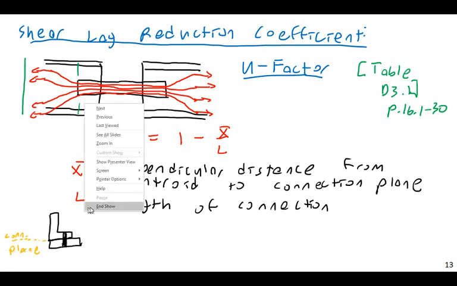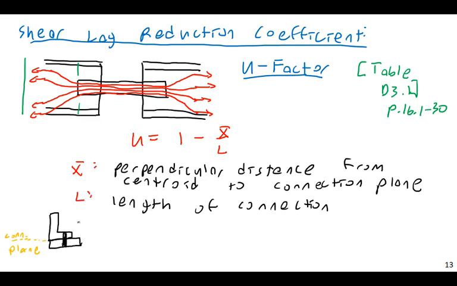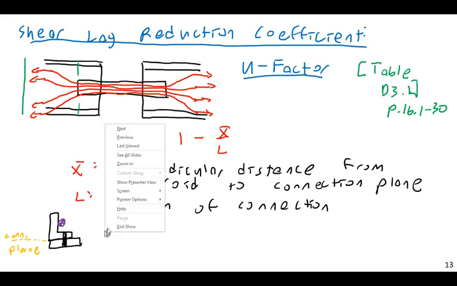Then at some other location, the member that I'm investigating, for this analysis, let's say I'm checking the angle for fracture, and the centroid of the angle might be somewhere like this.